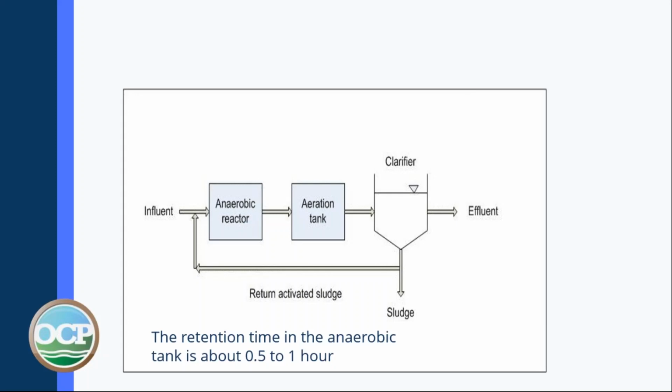That allows the PAOs to reproduce and grow. Then as they go into the aeration tank, they have a competitive advantage over the other bacteria. They absorb the phosphorus, then they're settled out in the sludge. When you waste your sludge, you're also getting rid of the phosphorus.